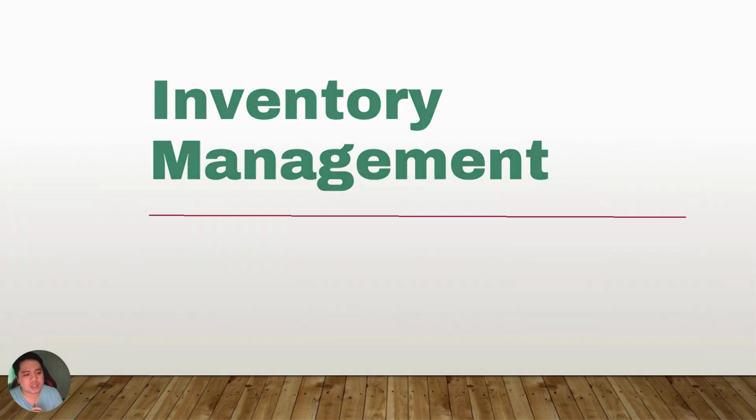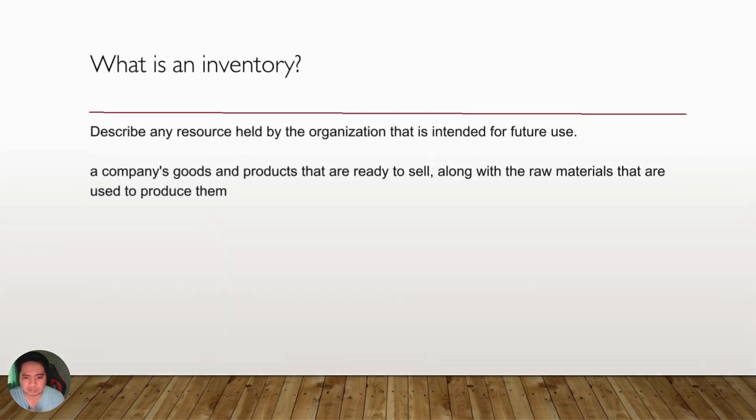So let's tackle what inventory is per se. It is described as a resource held by the organization that is intended for future use. Also, it is a company's goods and products that are ready to sell, along with the raw materials used to produce them. Those are the definitions of inventory.